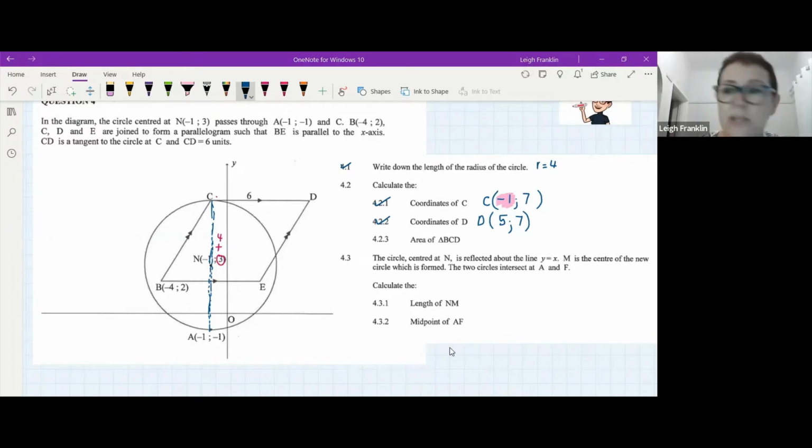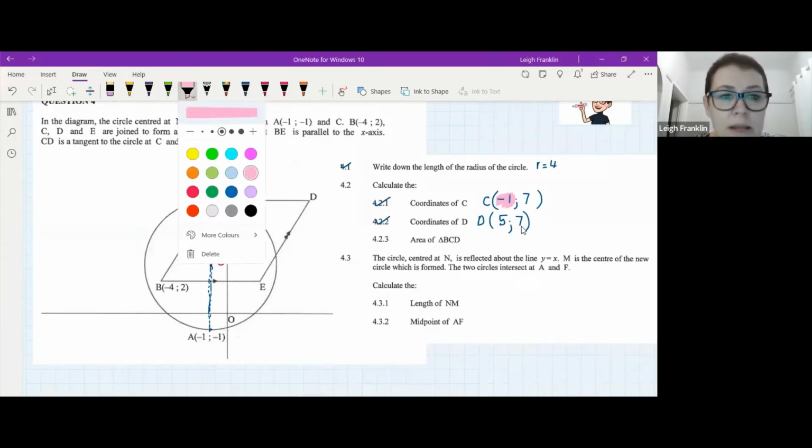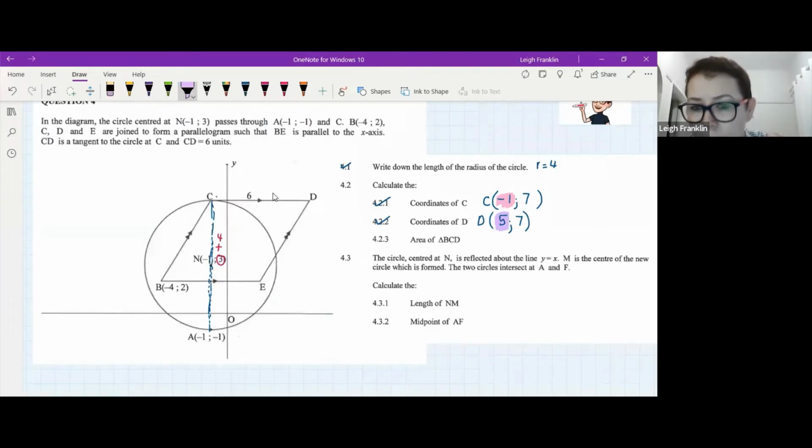Oh, Kumo, I see you've got a question. Ma'am, may you please explain how you got the x coordinate as 5, because it's still confusing me. Do you mean this 5 over here that I'm highlighting, that one? Yes, ma'am. Okay, so the way they worked it out was like this.